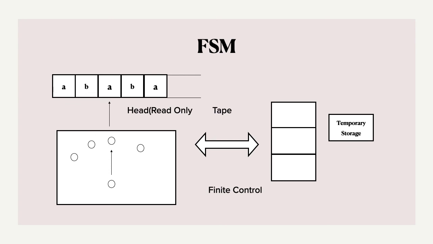But what we need for that: we need some input, we need a control unit for the read values, then a simple transformation or anything whatever we need, and this is our temporary storage. So that's a simple FSM structure.